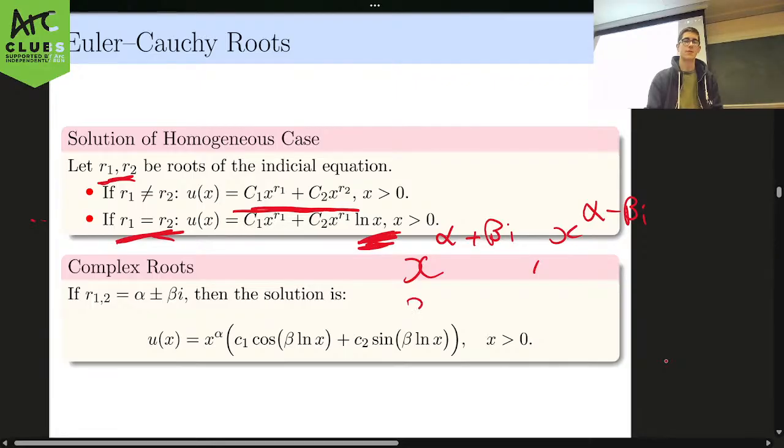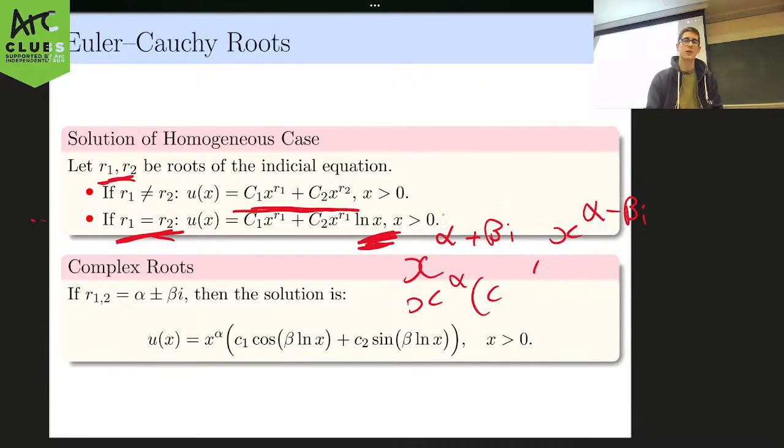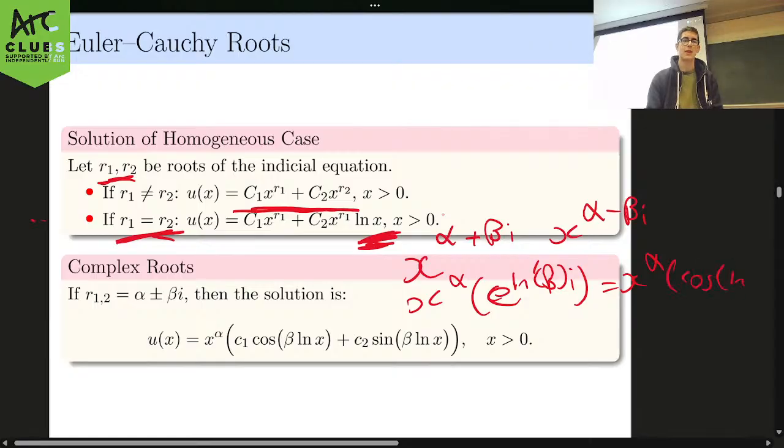And you can write this first one as x to the alpha times e to the ln x beta i, which is equal to x to the alpha cosine of beta ln x, and that's how this one shows up, and then x to the alpha sine of beta ln x. And because they are conjugates, you can just take the real and imaginary part of that, and they would be distinct solutions.